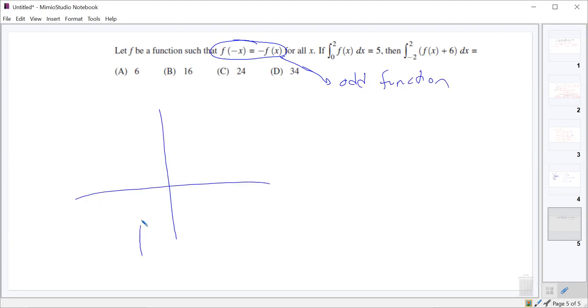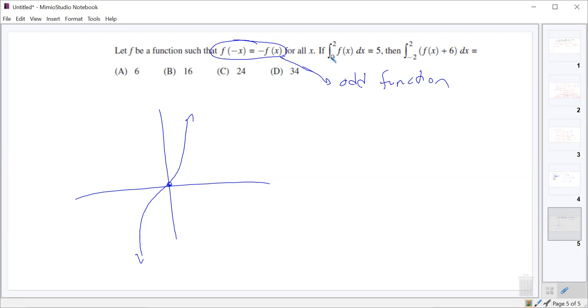An odd function is one that is symmetric with respect to the origin. So that means that pieces in the first and the third quadrant here ought to cancel each other out.